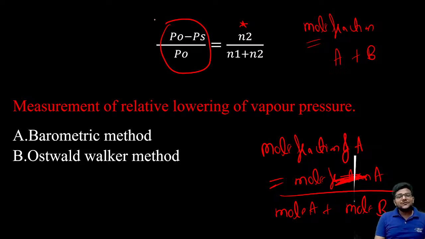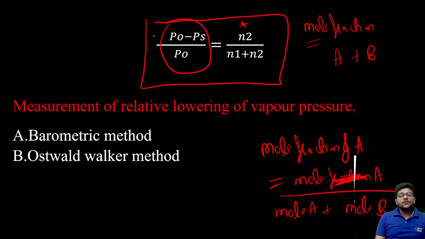So this is the formula of relative lowering in the vapor pressure.